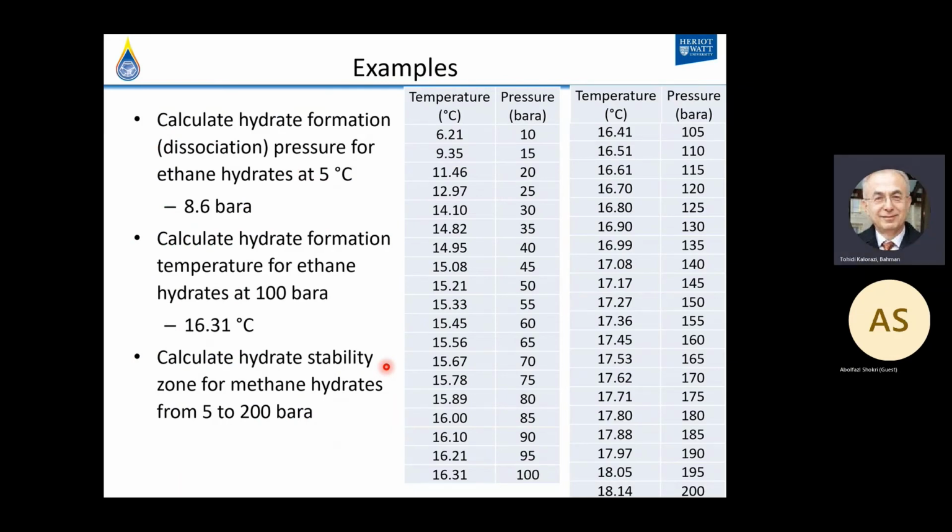Another one: here we want to calculate the hydrate phase boundary for ethane. The same thing, at 5 degrees it's formed at 8.6 bar, and at 100 bar it's formed at 16.31, and the curve from 5 to 200 bar.